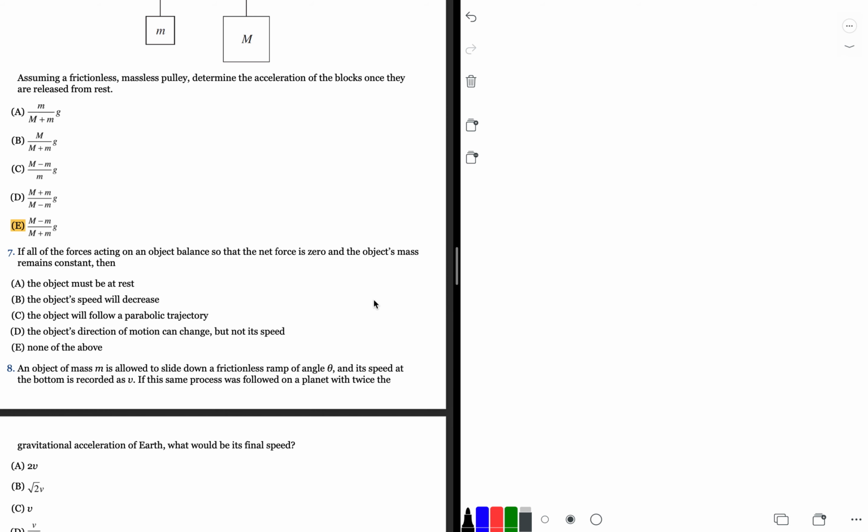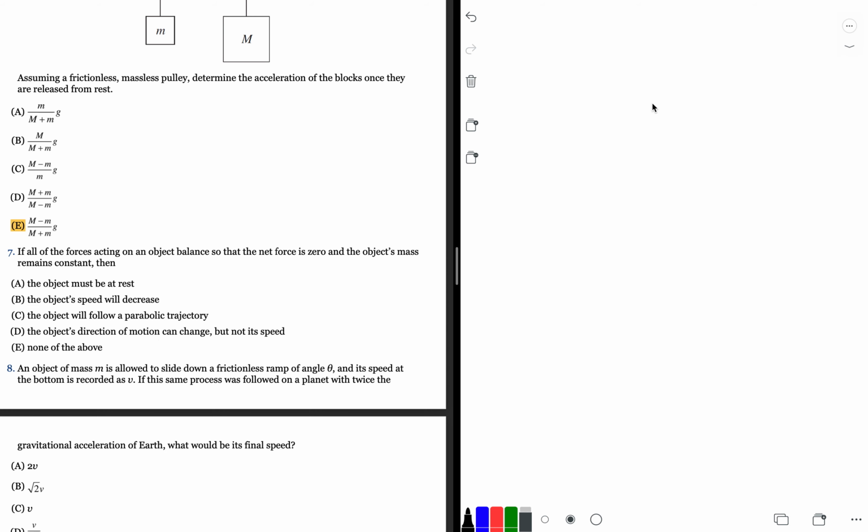So it's not A. The object's speed will decrease? No, there's 0 acceleration. The object will follow a circular path? No, not necessarily. Actually, not at all, because that would imply acceleration. The object's direction of motion can change, but not its speed? Not necessarily, no.